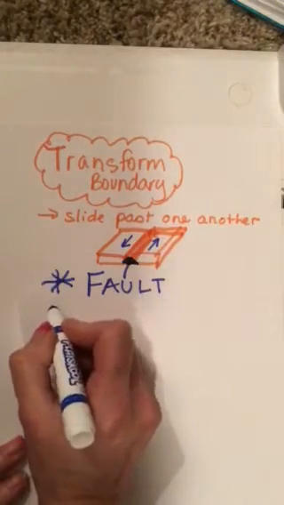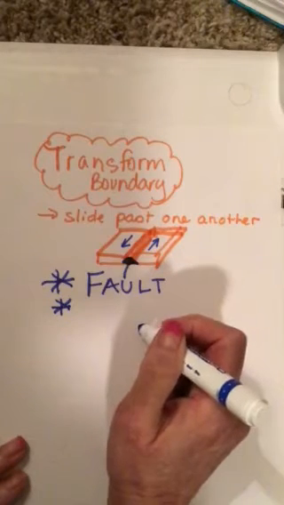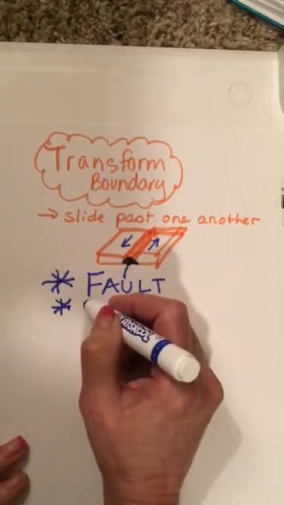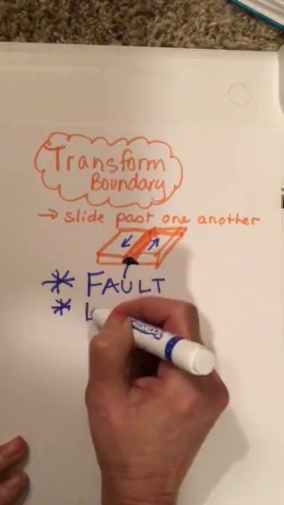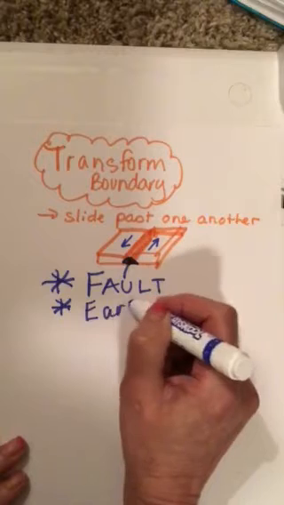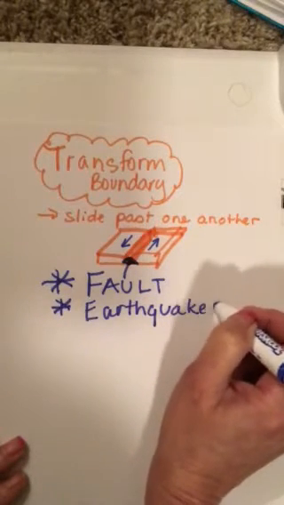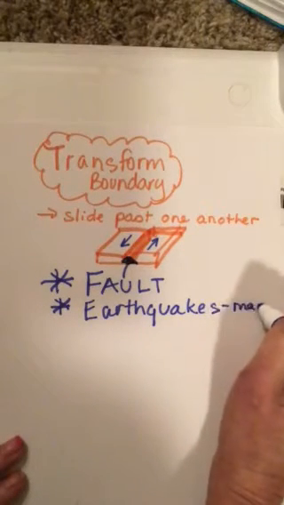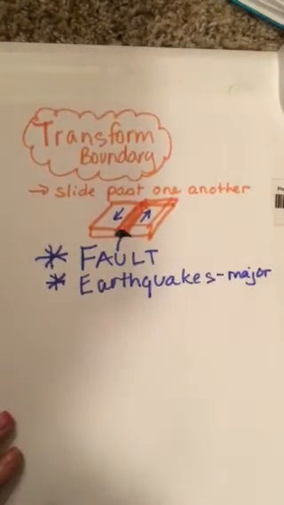If you imagine these two giant, massive rock pieces trying to move past each other, and the stress that builds up, then when they do move along the fault line in opposite directions, this creates massive earthquakes. These are major earthquakes that are created along this type of boundary.